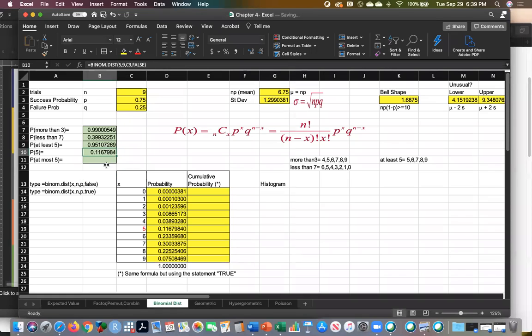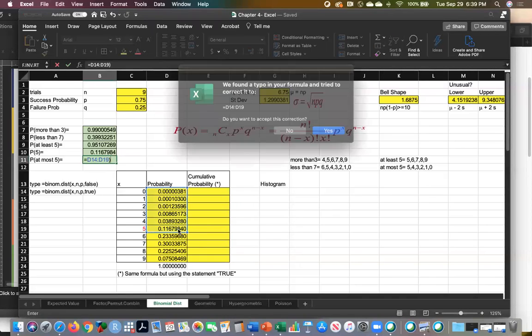Okay, and then at most 5. So at most 5 is going to be equal to 5, 4, 3, 2, 1, and 0, right? So I can find these probabilities very easily. So at most 5 is 5. No, right?